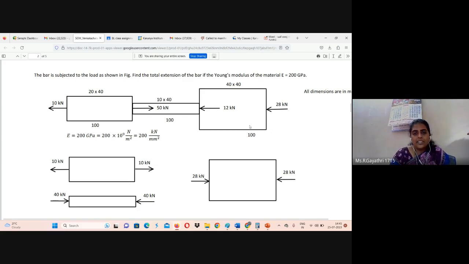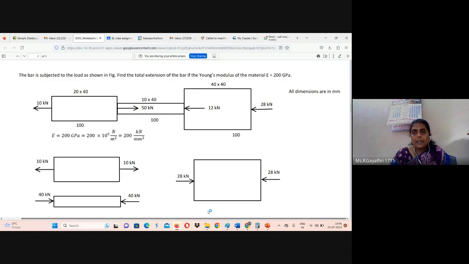Here all dimensions are in millimeter. Second section length L2 is 100 mm, cross section is 10 mm into 40 mm. Third section length L3 is 100 mm, its cross section A3 is 40 into 40 mm square.